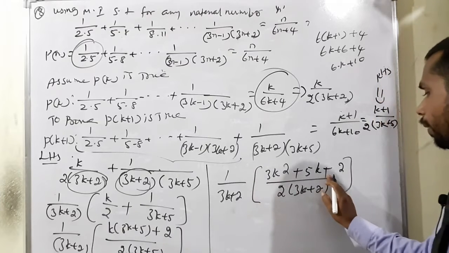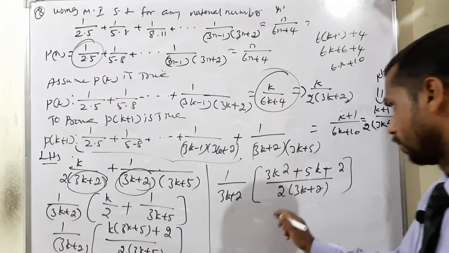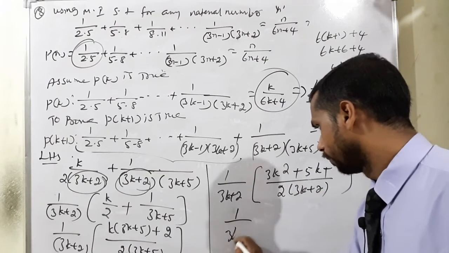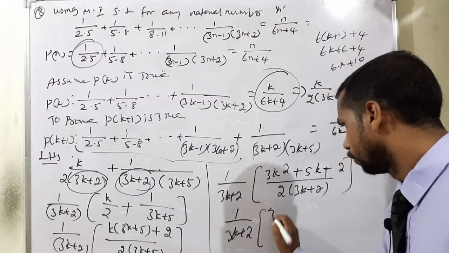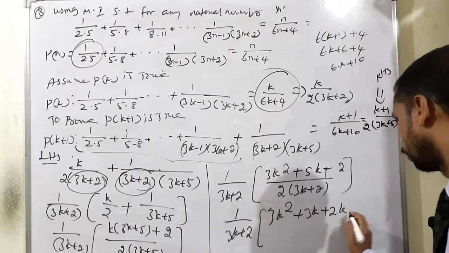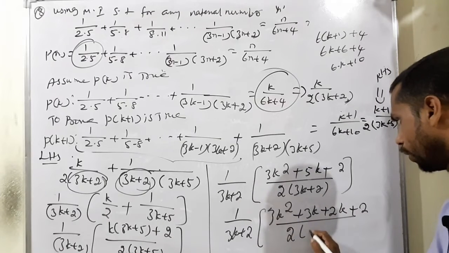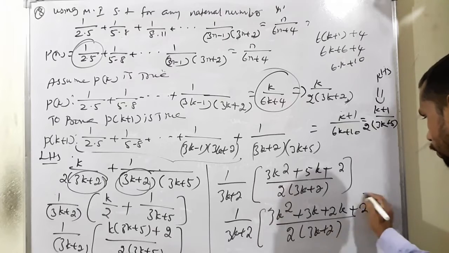Again by the sum product rule we can write 5k as 3k plus 2k. Again 1 by 3k plus 2, then 3k square plus 3k plus 2k plus 2, divided by 2 into 3k plus 2.